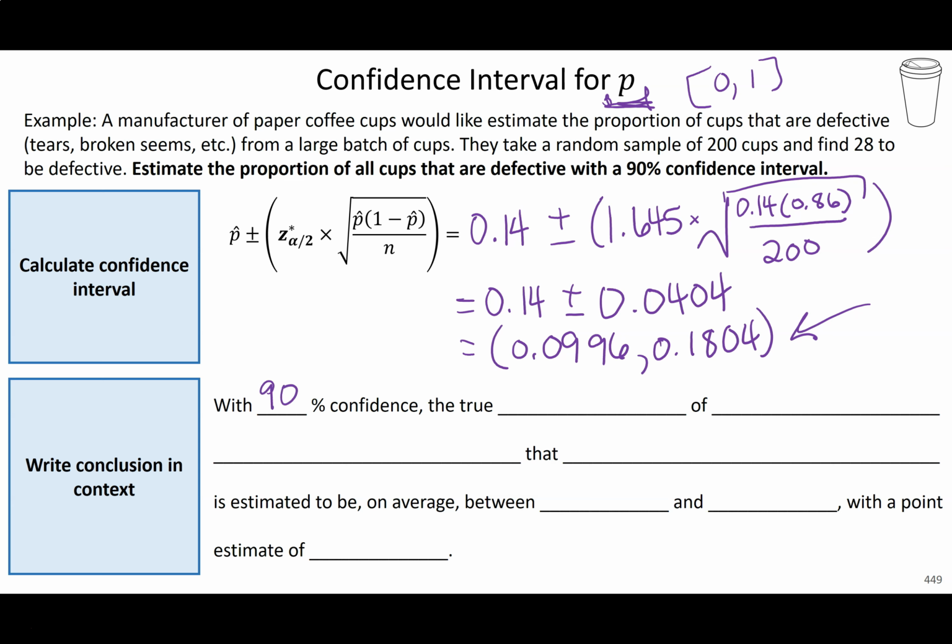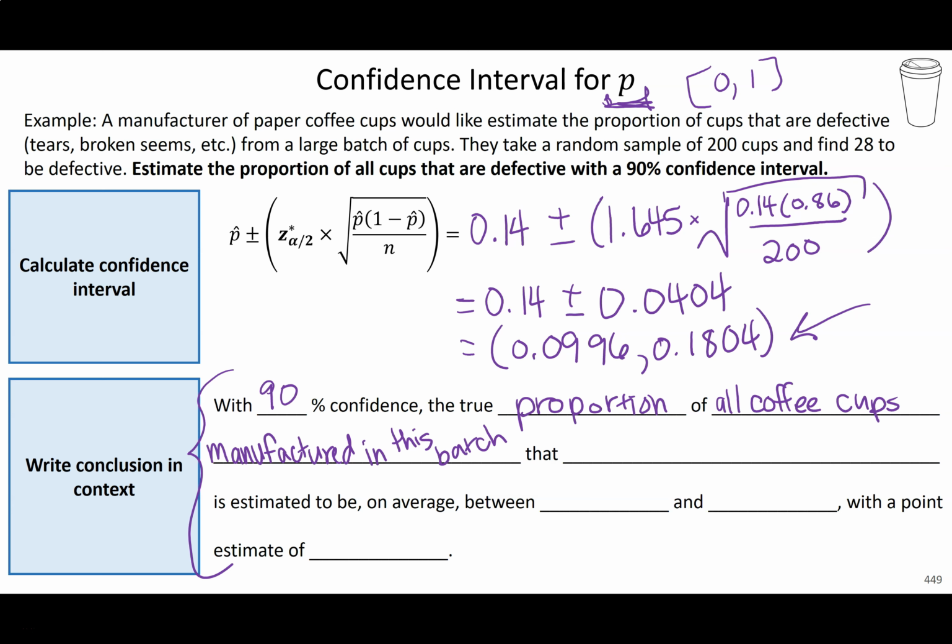So here, this template is going to be essential. It's going to pretty much be the same as for the mean, except a couple of the blanks will move around. So for here, the true proportion of, so here we want the population, so all coffee cups manufactured in this batch. Oops, it's a large batch, but I didn't have enough room.